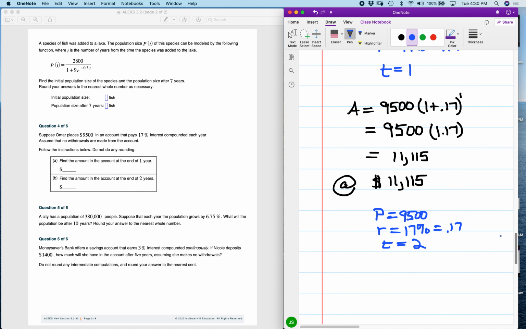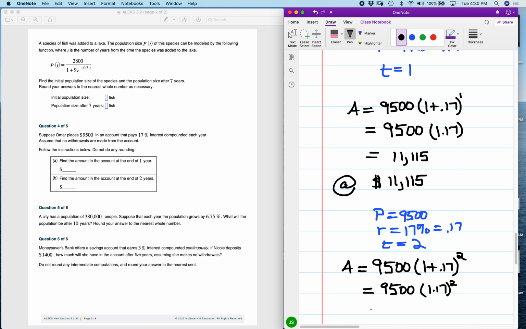And now for the future value after 2 years, utilizing the same formula, A is equal to P, which we have at 9,500, times 1 plus R, which is 1 plus 0.17, raised to the second degree. And now we're going to have 9,500 times 1.17 to the second.